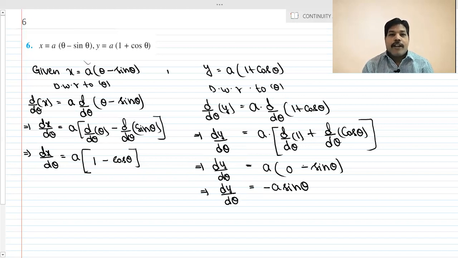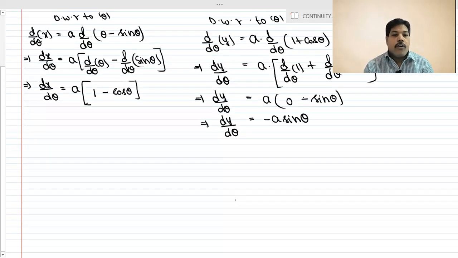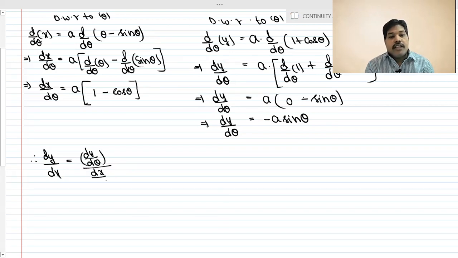After getting these two values, what do I need? I need the dy by dx value. How can you calculate this? Therefore dy by dx is equal to dy by d theta whole by dx by d theta.